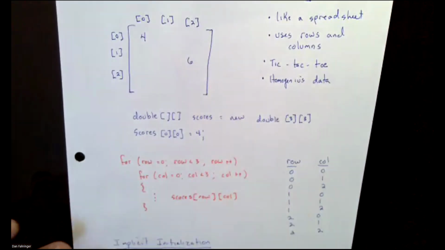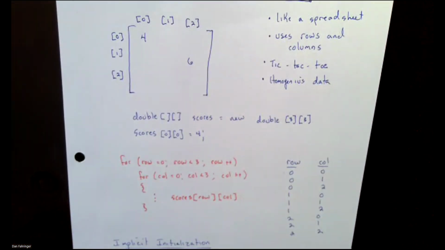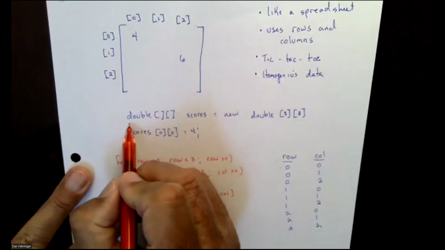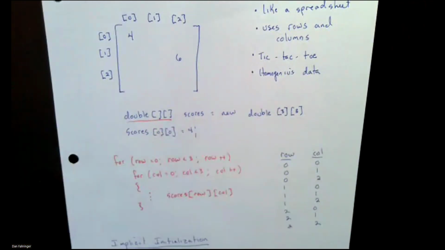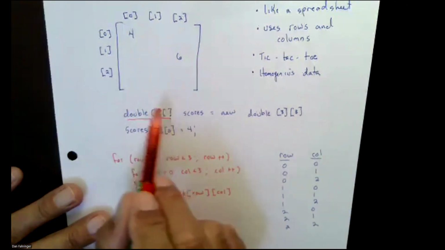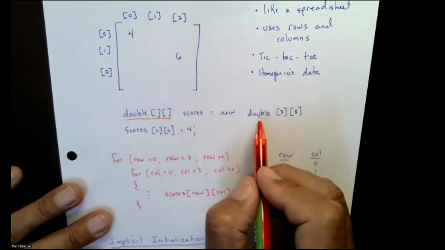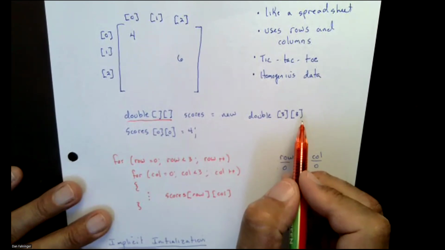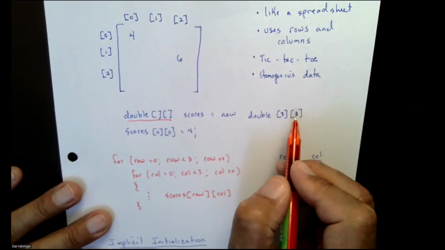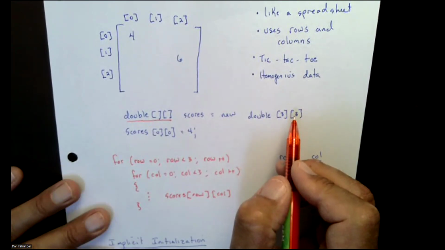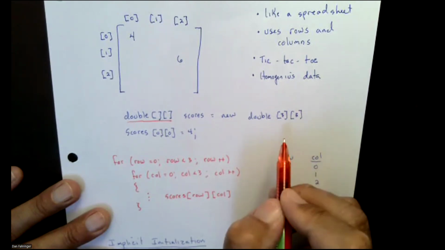Okay, so how do we declare a two-dimensional array? Well, we're now going to go with two sets of square brackets. This is my data type. This is my data type. Two sets of square brackets. You notice I'm putting the dimensions in. Those of you moving on to C++, it's going to be a little different than that.